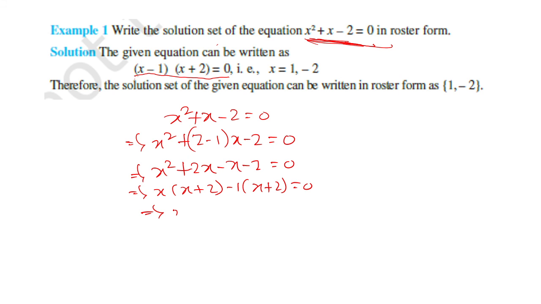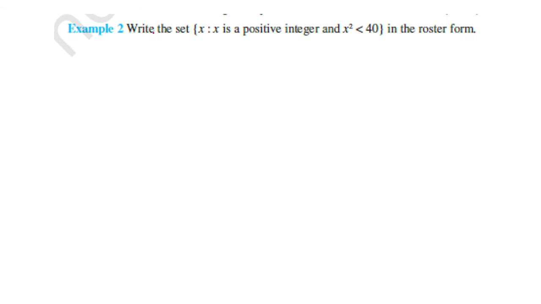So you will get x equal to 1 and x equal to minus 2. Therefore the solution of the given equation can be written in this form. So this is the roster form.